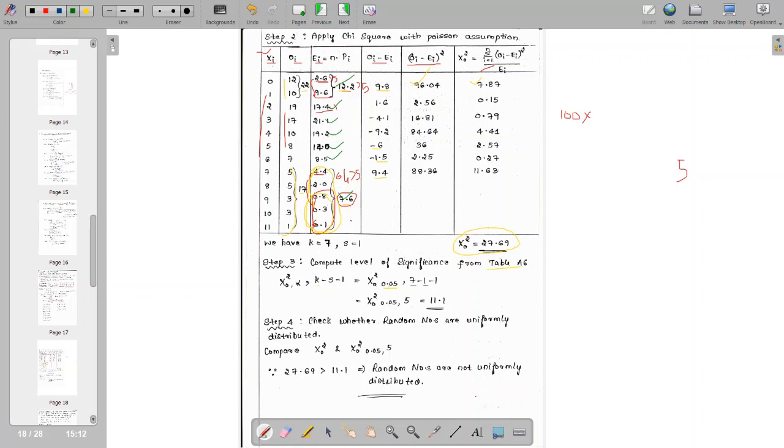Each time I am comparing one value with the reduced interval value. So the degrees of freedom will be K minus S minus 1. After substituting, I will get chi-square alpha comma 5 from table A6.